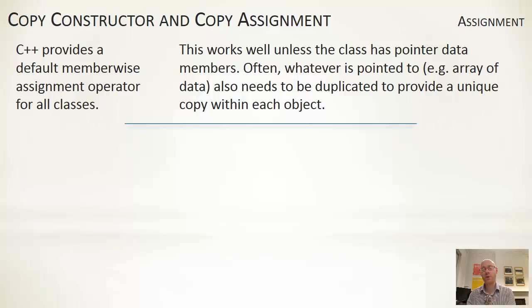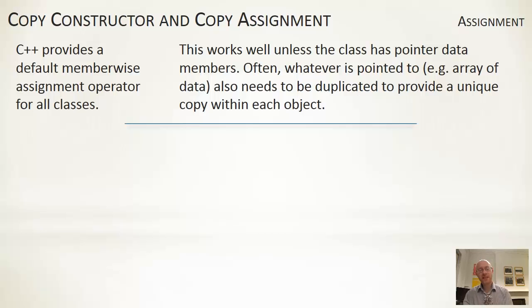If we were to make use of the default copy assignment constructor, we will copy just that pointer, not the actual array or the contents, just the pointer. So then after that, we will have two objects that point to the same array of data. And that probably isn't what we want to have happen, and it can be dangerous because then we have data shared between what are otherwise two separate instances.